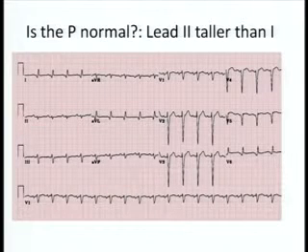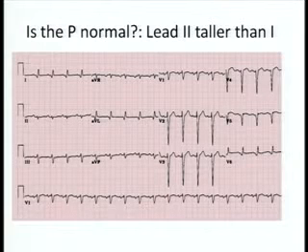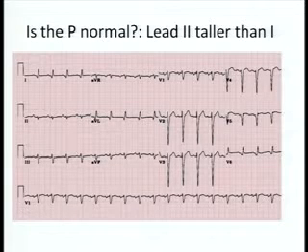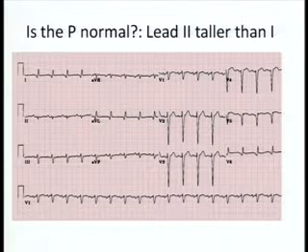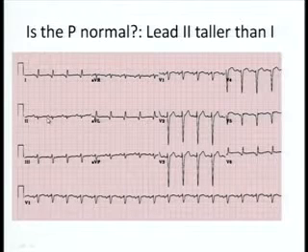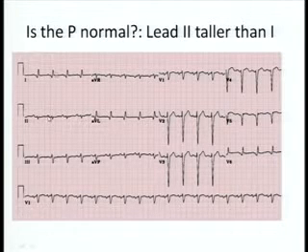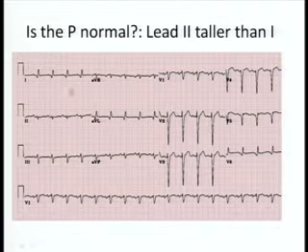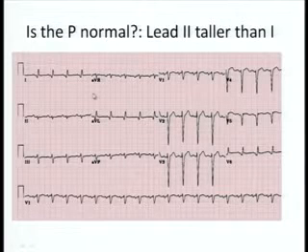The next thing I ask is, is the P wave coming from the sinus node or elsewhere? For that, I ask myself a question. In which lead is the axis of the P wave, which is more towards the left side, approximately 60 degrees? That is towards lead 2. So the P wave, most of the time, is taller in lead 2 than lead 1. So quickly I go through it and look at lead 2 and lead 1. Lead 2 taller than lead 1 indicates that my P wave is coming from the normal sinus node.